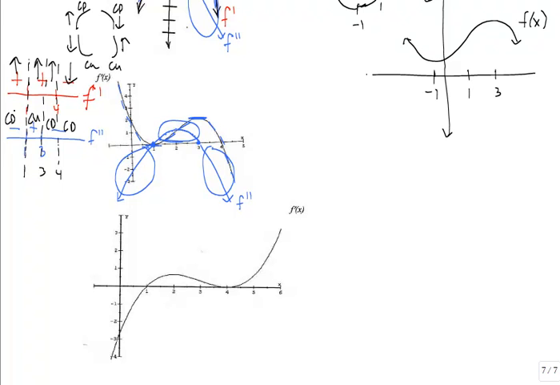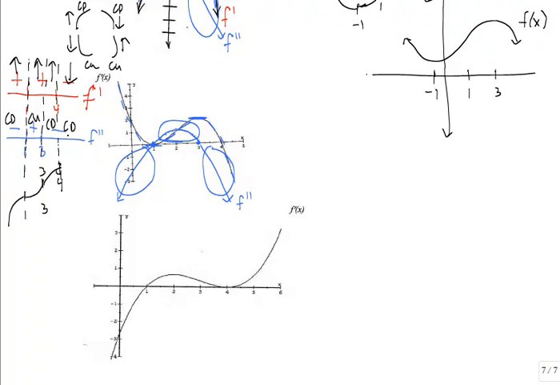Concave down, increasing would be this shape right here until I hit 1. And then concave up, increasing would be this shape until I hit 3. And then after 3, I'm concave down, increasing, which is this shape, until I hit 4.